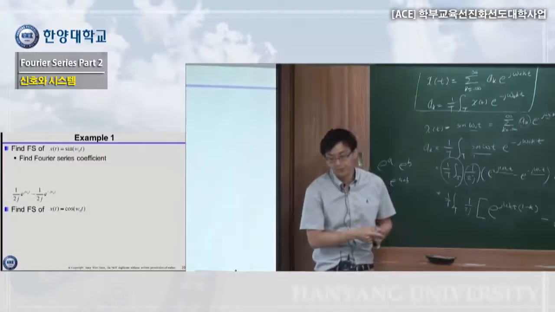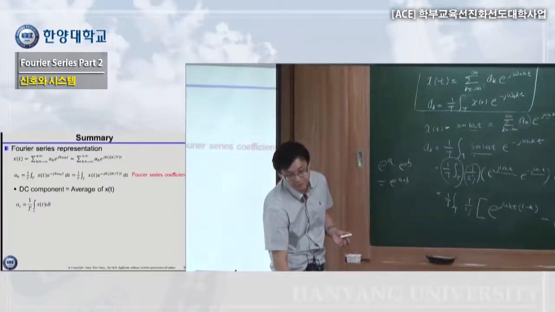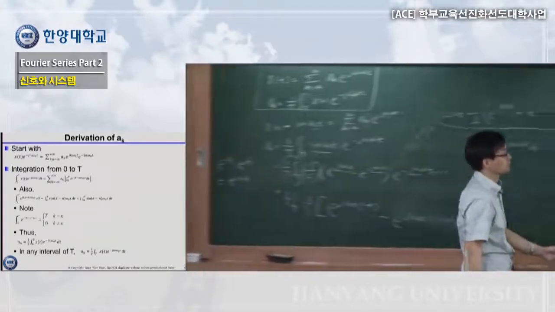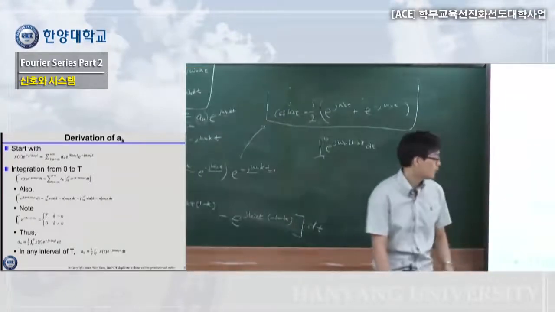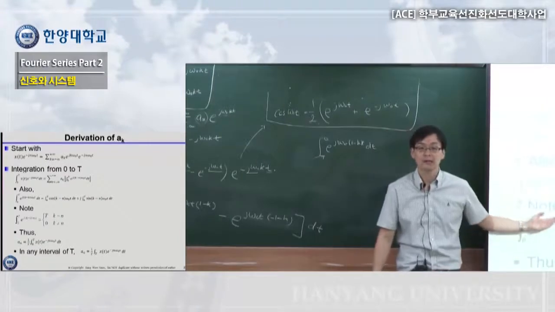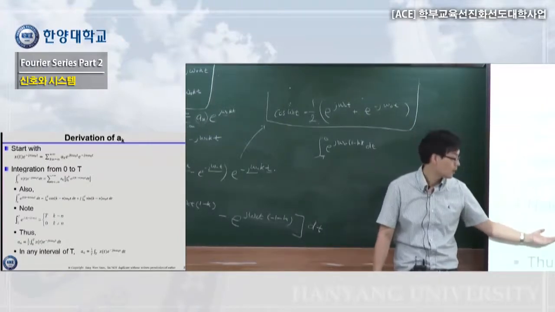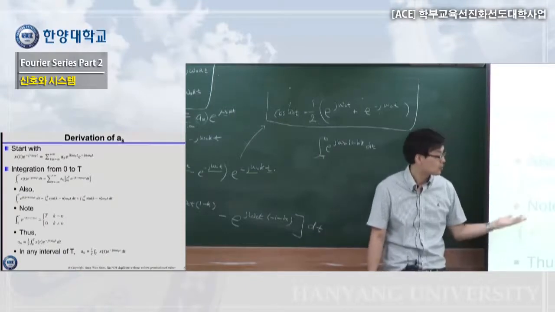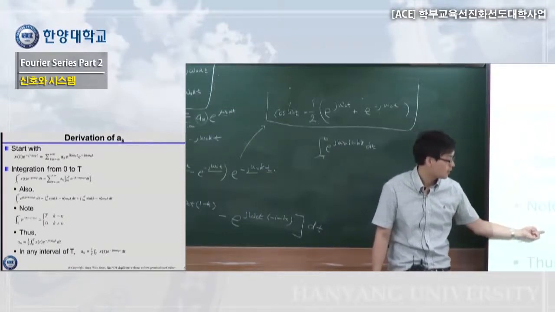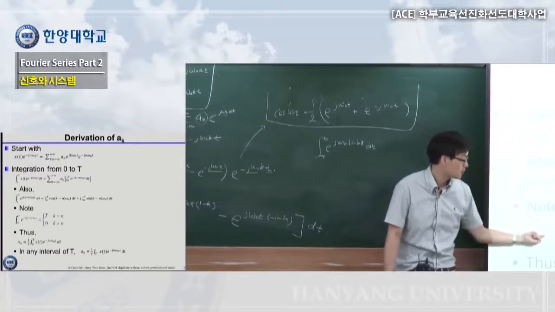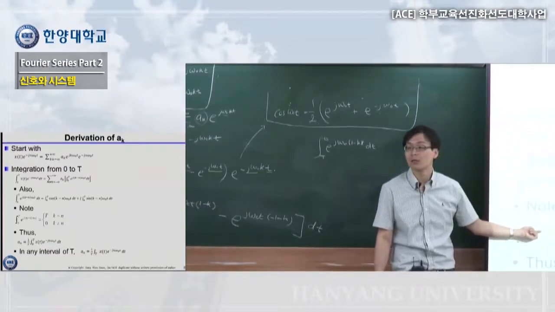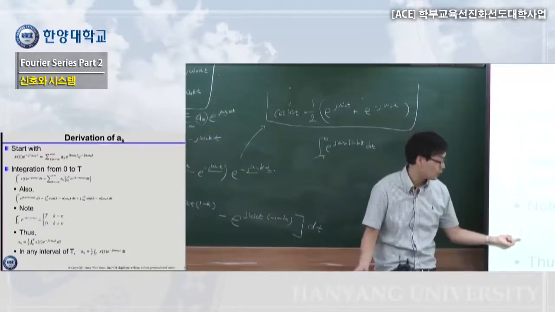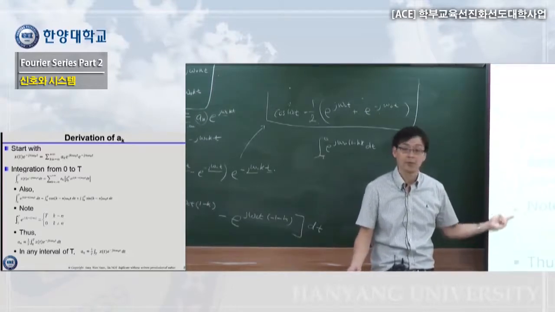If you remember last lecture, we have an interesting phenomenon here. Because of the exponential j something t, assuming this is a periodic signal, if this part is not 0, an integer, then we integrate over a period.